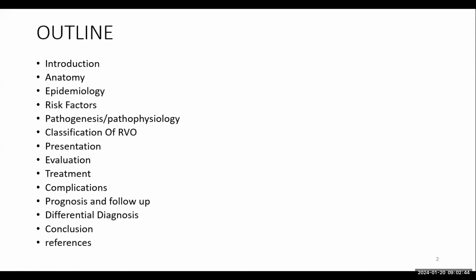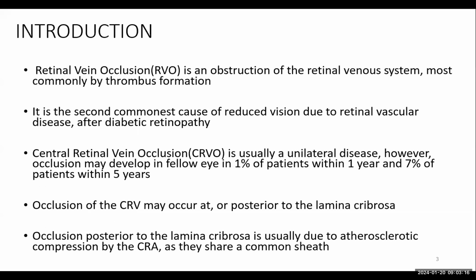Then for us to be able to talk about different treatment modalities, it's important for us to know the classification of retinal vein occlusion and the common presentation of each one. Then how we evaluate and the different treatment modalities. I'll also briefly talk about the complications likely to occur with treatment, then the prognosis and follow-up, the differential diagnosis, then conclude and state my references.